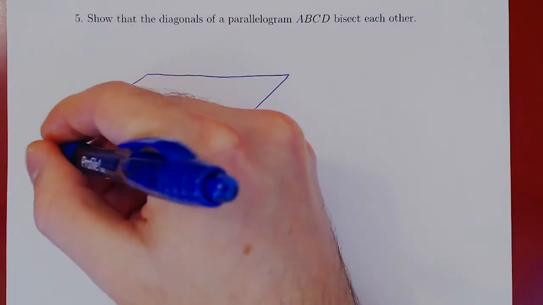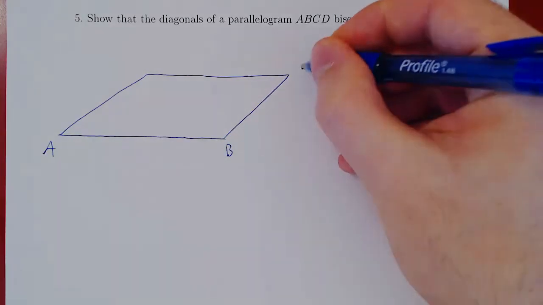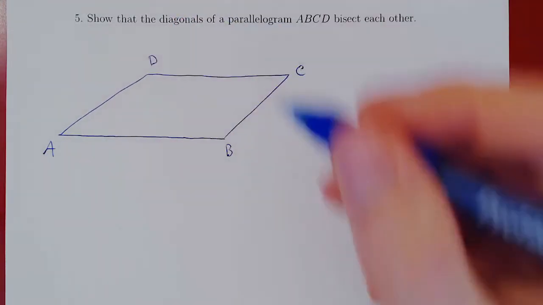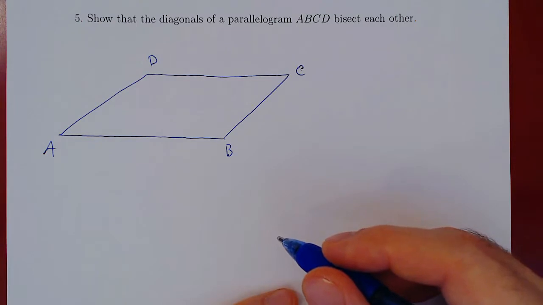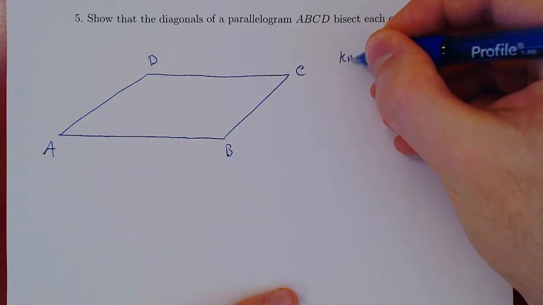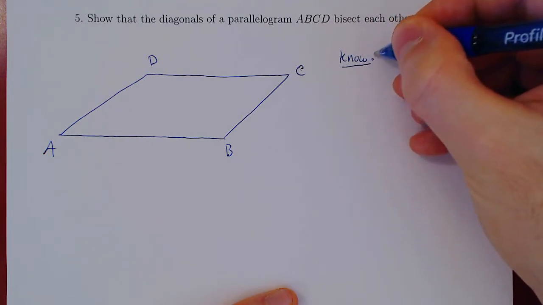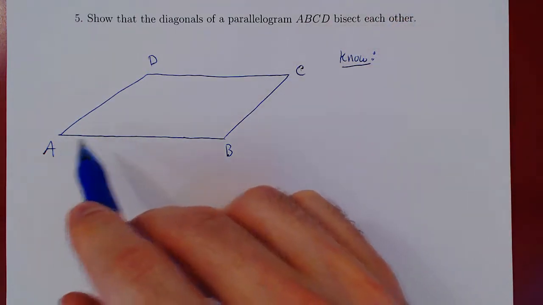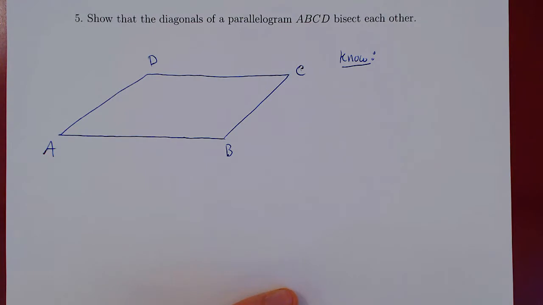So we'll start here with A, B, C, D. And let's write first what we know. And what we know is quite simply that the quadrilateral ABCD is a parallelogram.